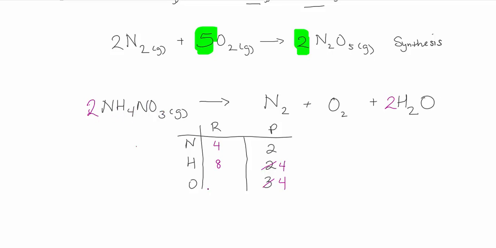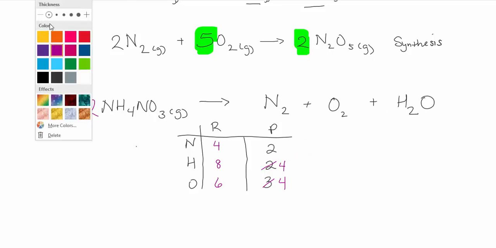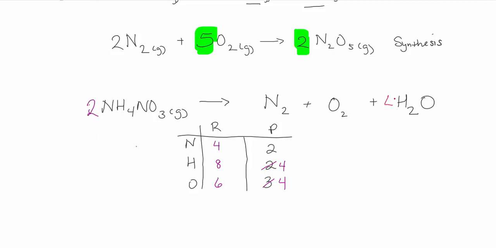So now it becomes a little bit more interesting. So if I put a 4 here in order to get 8 hydrogen, then I have 4, 5, 6 oxygen, but I still only have 2 nitrogen.